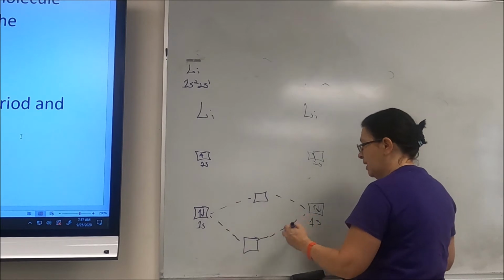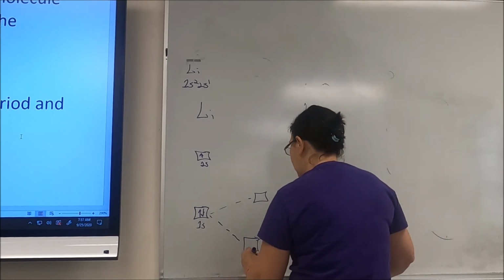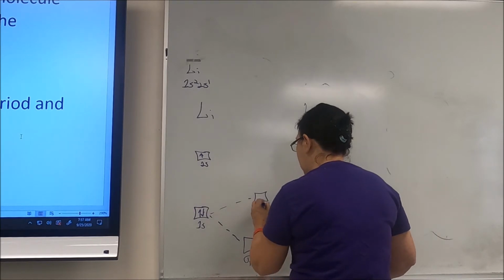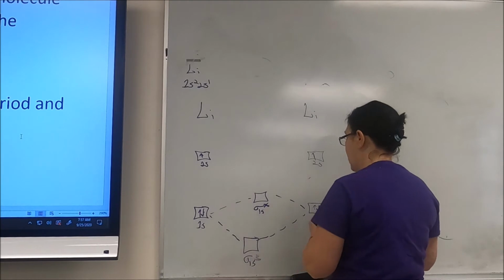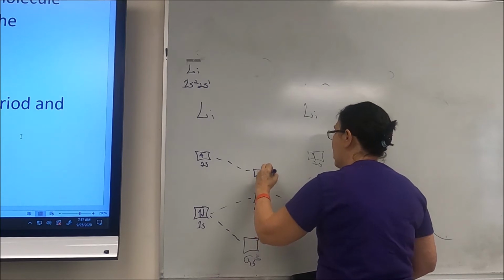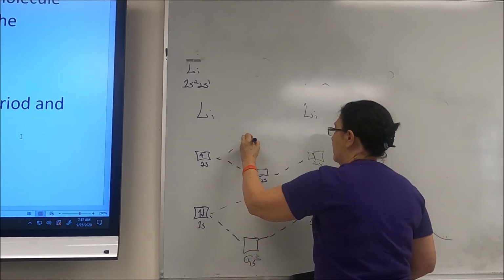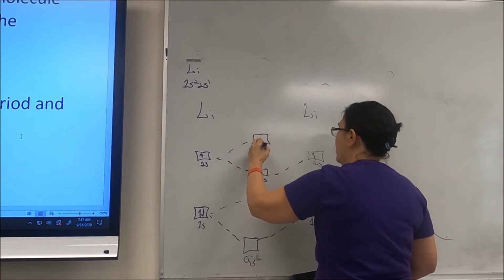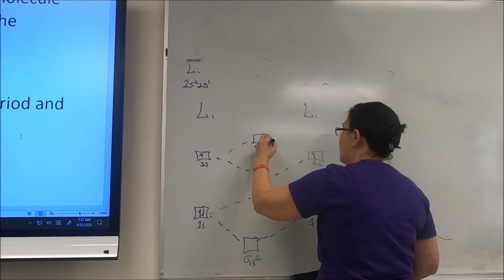1s is going to blend together with 1s to give us a sigma 1s bonding. And then I'm going to get a sigma 1s anti-bonding. And then I'm going to get a sigma 2s bonding and a sigma 2s anti-bonding.